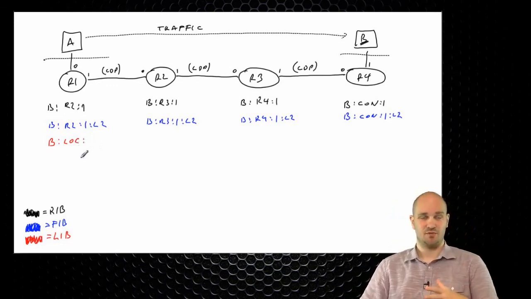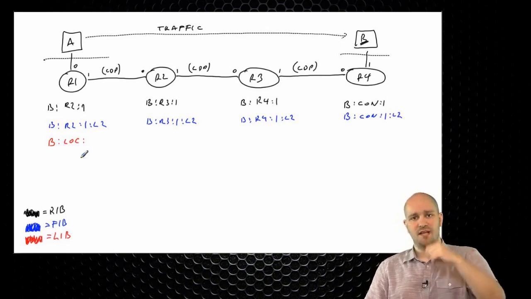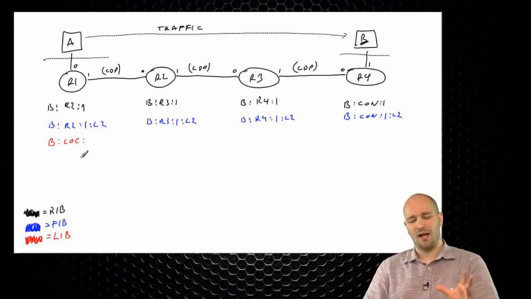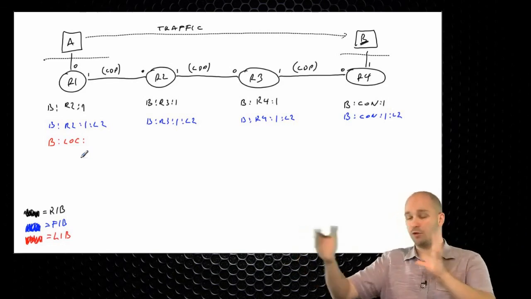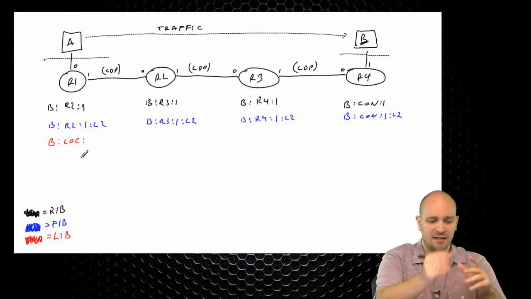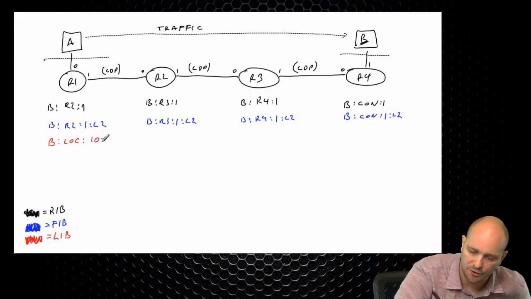Actually, 16 is the last reserved one, so it starts from 17, so the first label that you will get will be 17, or maybe it's 16, but around that number. You can control that with the command mpls label range, where you can specify the range of labels that you want to actually use. But let's say that R1 assigned label 100.